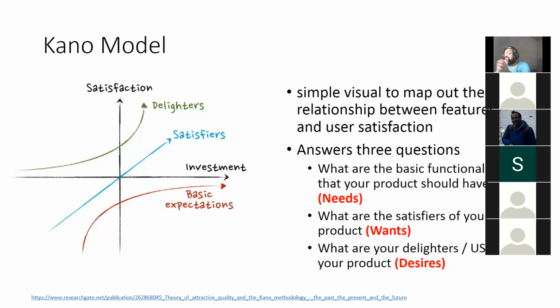Everything else is different. Let's take an analogy: I'm going to a hotel. What is your basic need? You are going to a hotel at 12 o'clock or 1 o'clock. What is your basic need?